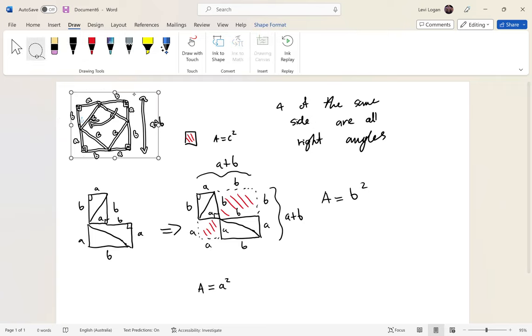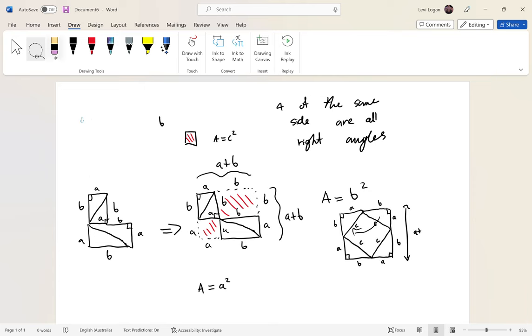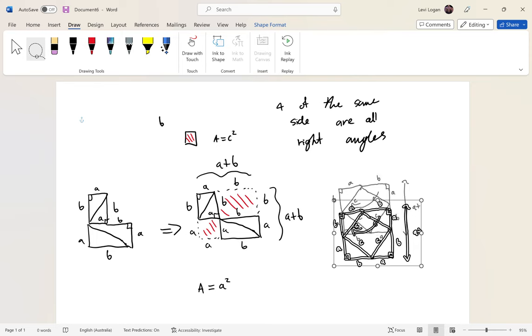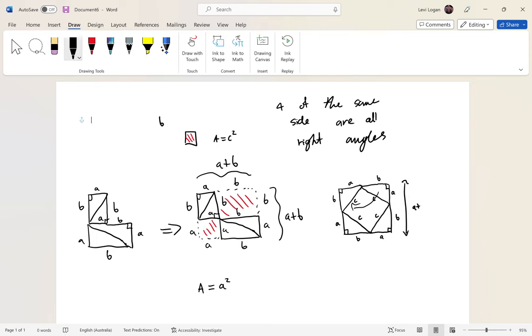So I'm just going to move this down here. I'm going to rub this out. Okay? So this, just move that up a little bit. Both of these are equal. Okay?